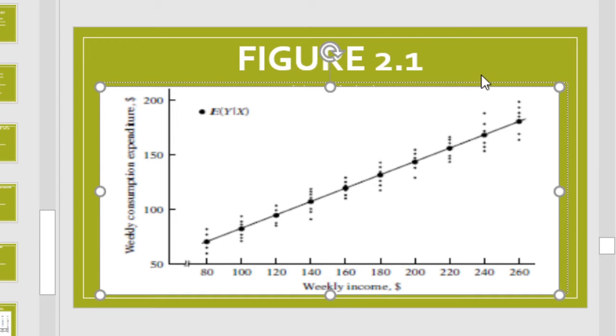That means we could see that there exist variations in the weekly consumption expenditure of families corresponding to each income group, but another important feature that we could see from this figure is that on the average weekly consumption expenditure increases. This is the weekly consumption expenditure mean value, and it increases as income increases.